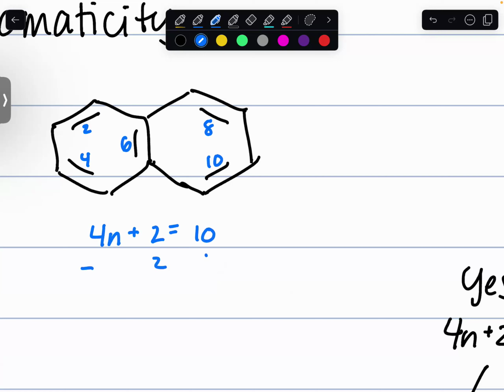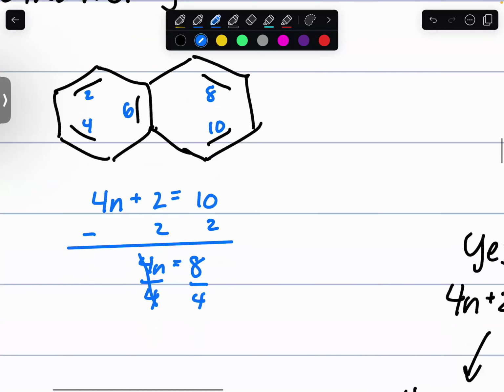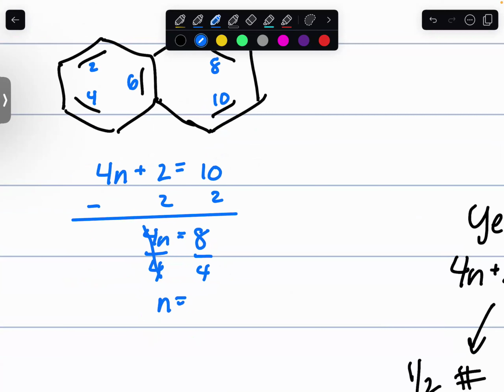We can do a little bit of algebra. Whole number or half number? Whole number. So this is aromatic.